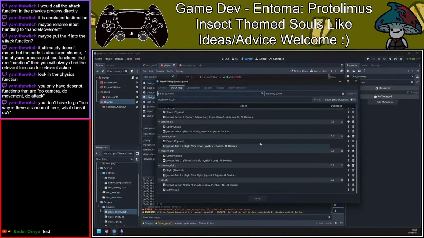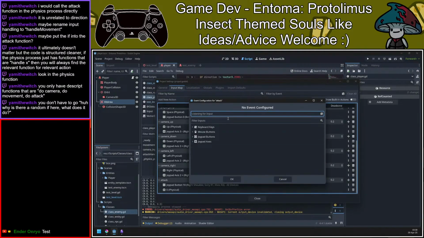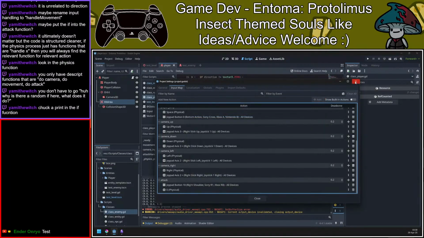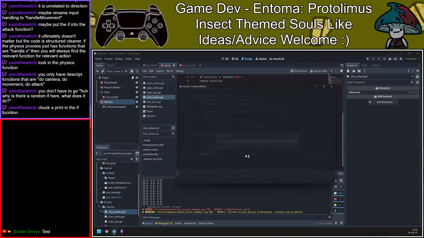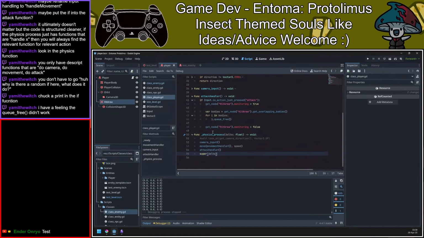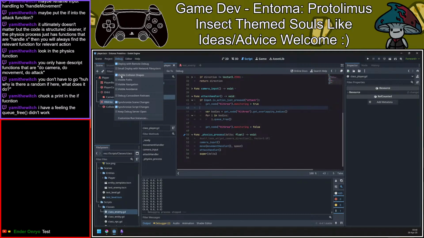Okay. Listening for input. Pressing E also does nothing, so yeah, no, it's not running. Well, I suppose it's only visible for a single frame. Visible collision.